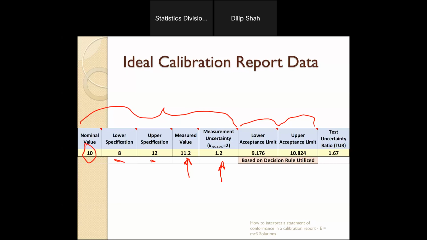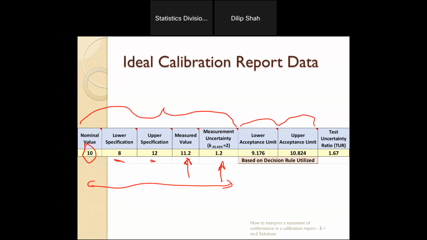But as a minimum, a laboratory should give you this. But when they give you this, they can't tell you it is a pass or a fail because they don't know your application. They don't know your decision rule.